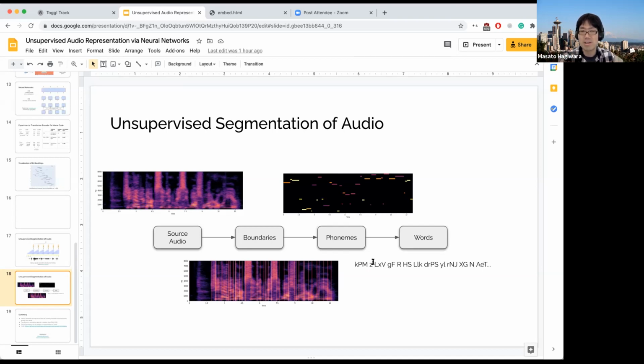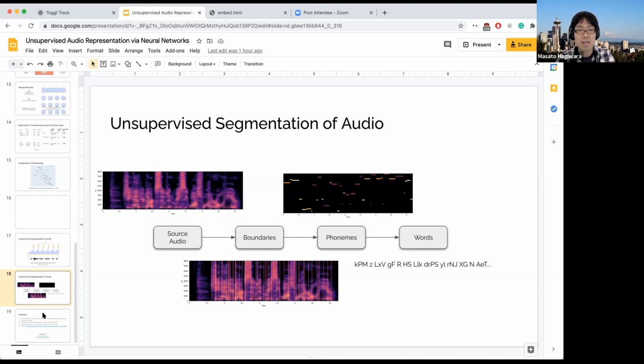So this is again a proof of concept where I decoded the English sentence purely from audio, and then the algorithm came up with this cryptic code that corresponds to what the neural network thinks is a word.